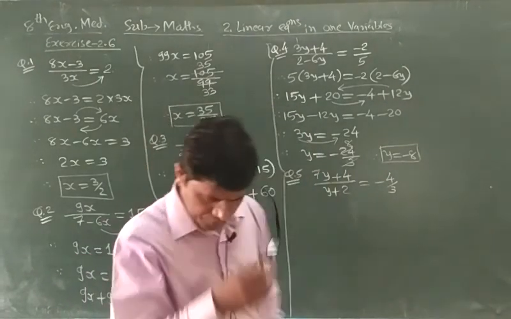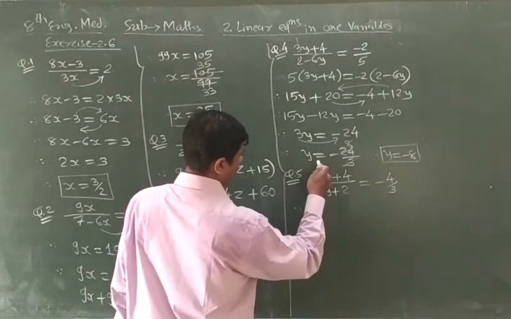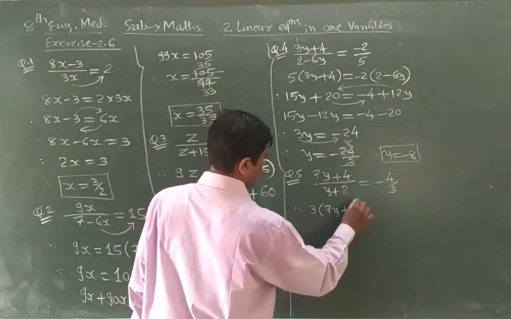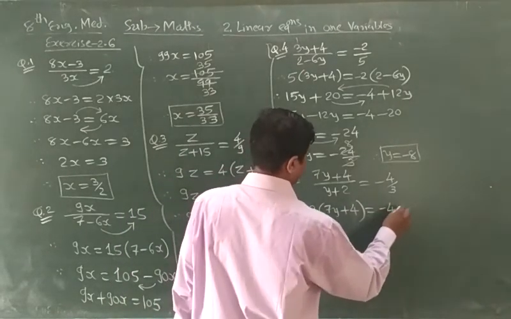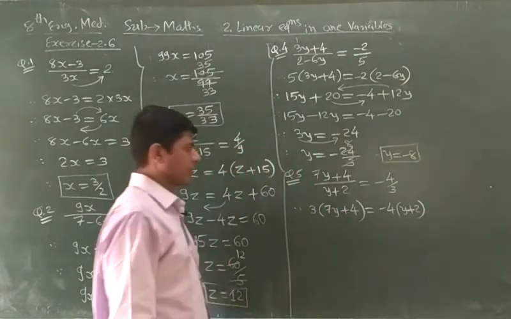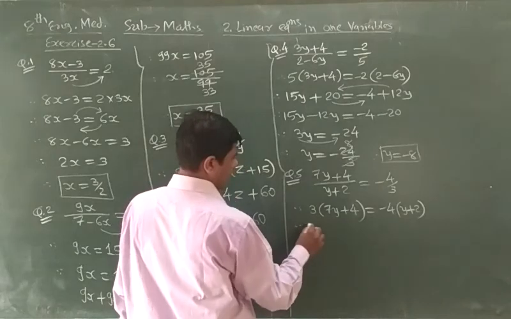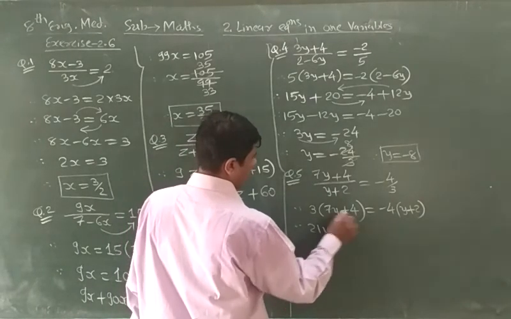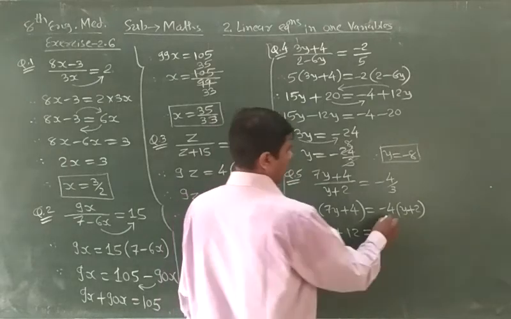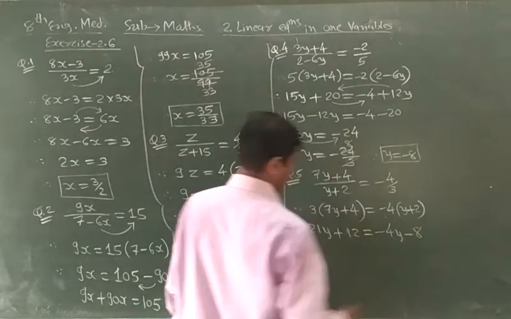So first cross multiply. So 3 going this side, so 3 times 7y plus 4, minus 4 going this side, times y plus 2. Okay, cross multiply. 7 3s are 21y, 4 3s are 12. Plus minus minus 4y, plus minus minus 4 2s are 8.